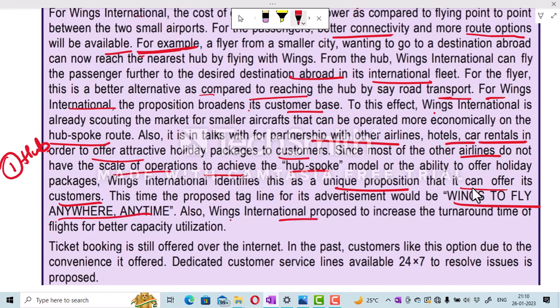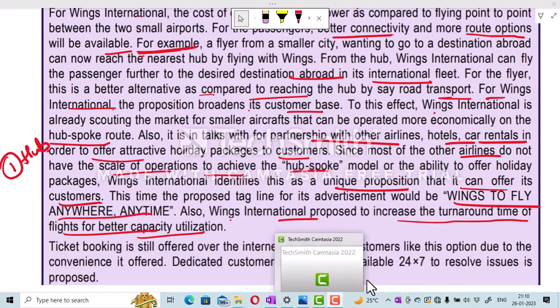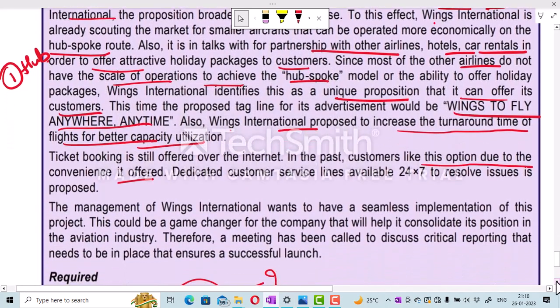Wings International proposed to increase the turnaround time of flights for better capacity utilization. Ticket booking is still offered over the internet. In the past, customers liked this option due to the convenience it offered. Dedicated customer service lines are available 24/7 to resolve issues in the proposed scheme.